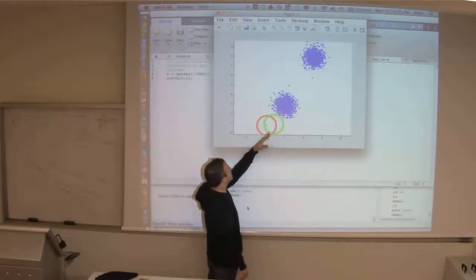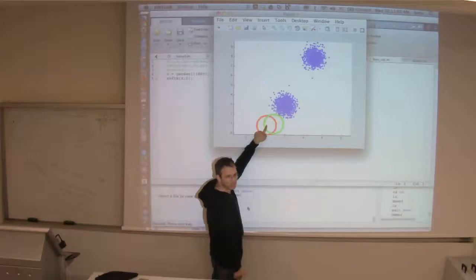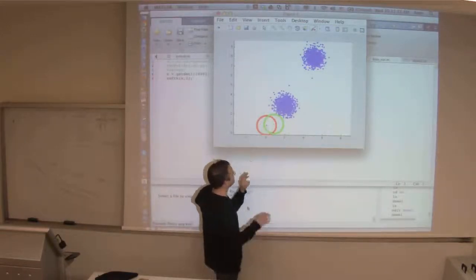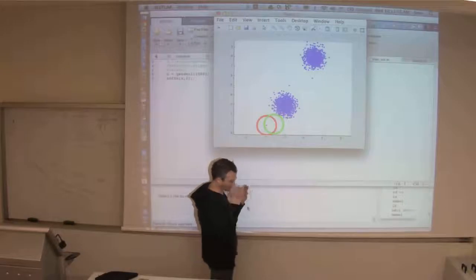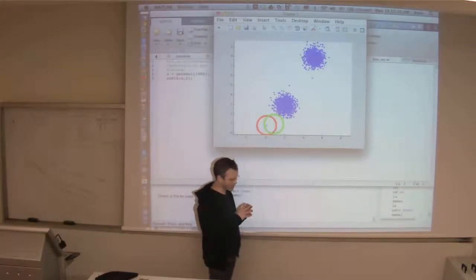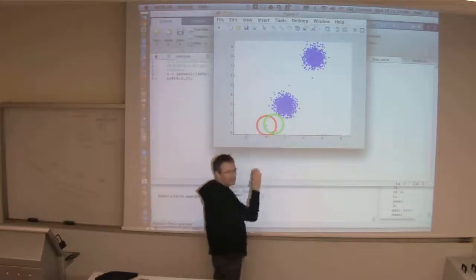Initially, I just set it up so this is the mean of the first Gaussian, the mean of the second Gaussian, and the covariance. I use this to draw, well, you can intuitively understand this, a graphical illustration of the covariance. What this is in practice is an equiprobable line. All points along this line have the same probability.